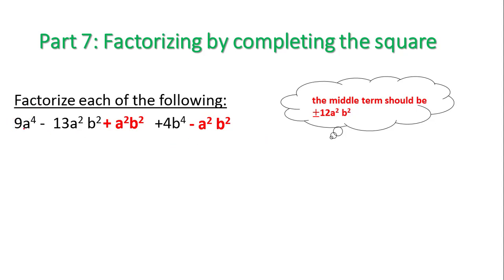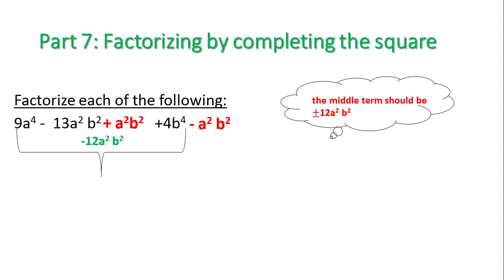Here we have 9a power 4 minus 13a power 2 b power 2 plus a power 2 b power 2 plus 4b power 4. This term is negative 12a power 2 b power 2. So I have here a perfect square trinomial, and here I have minus a power 2 b power 2.